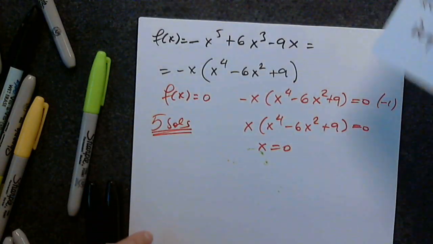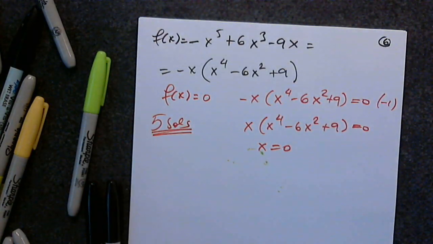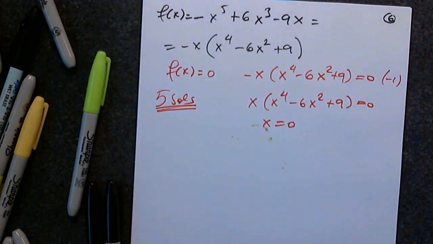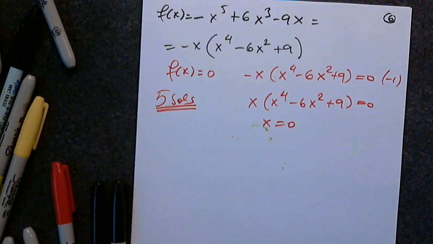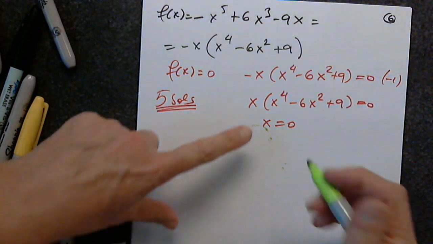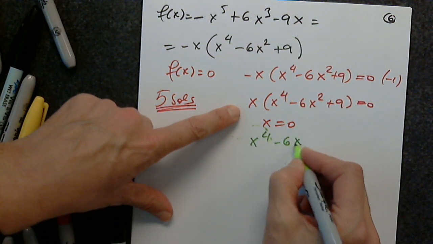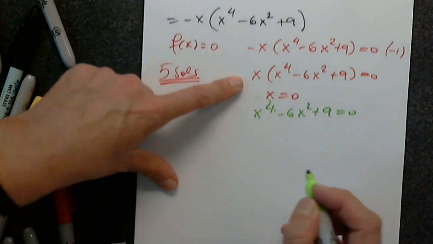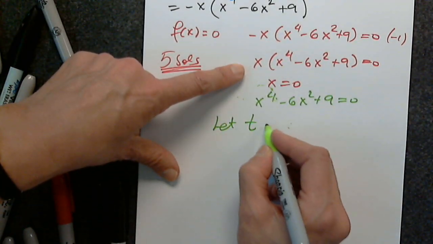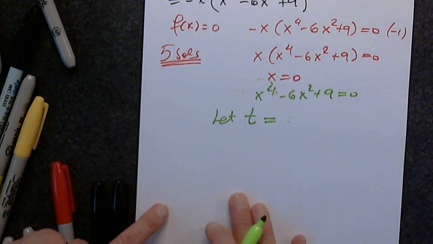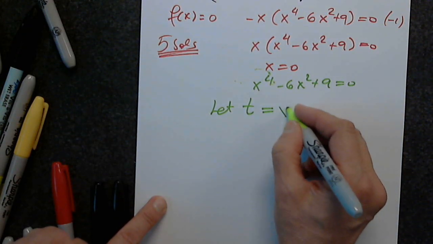But how do I do this? How do I find those 4 solutions similar to chapter 2? I will change x to the 4th minus 6x squared plus 9 equals 0, saying let t be... Very good.